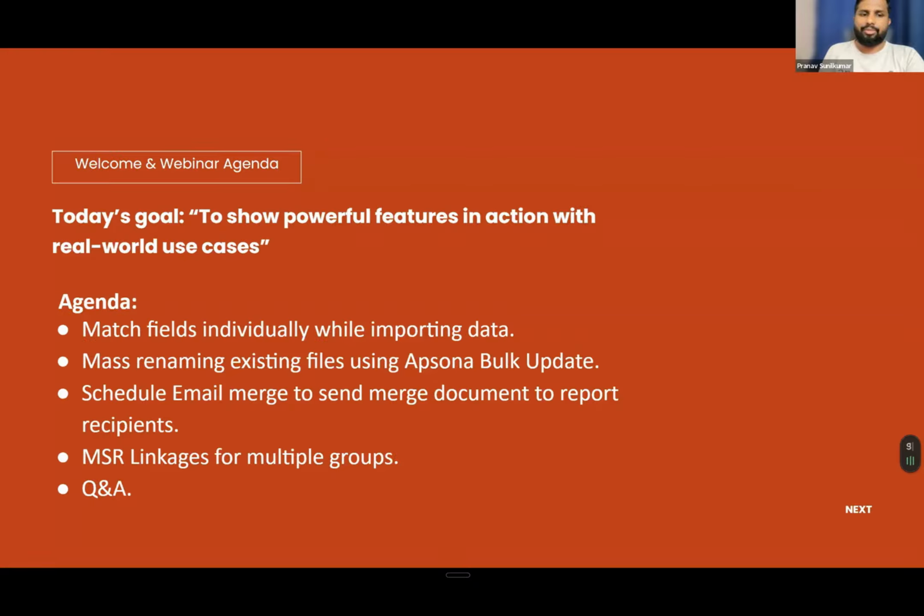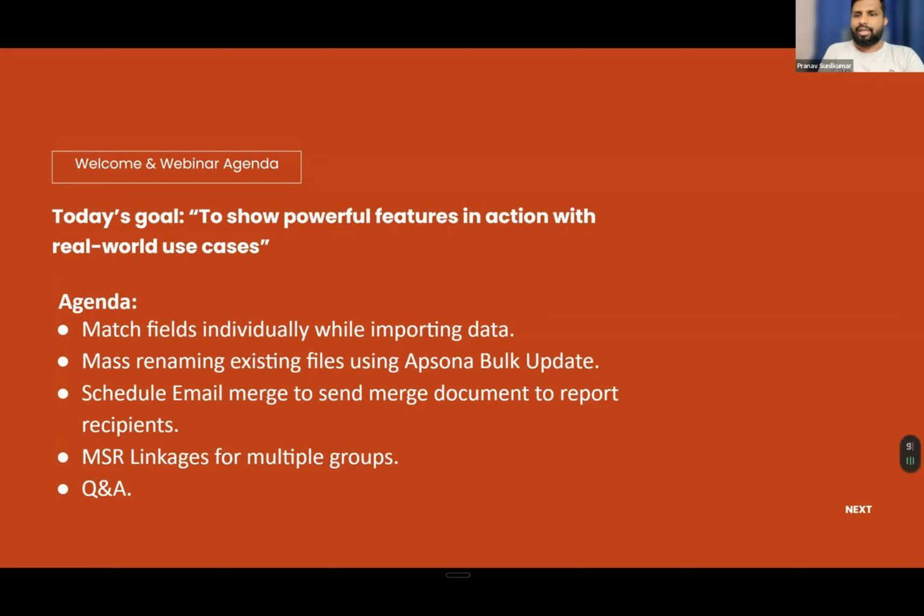And finally, we'll be going through the MSR linkage for multiple groups. Then we'll be having a Q&A session. After every feature, feel free to post questions in the chat. Once the feature demos are done, we'll be answering all the questions that have been asked.